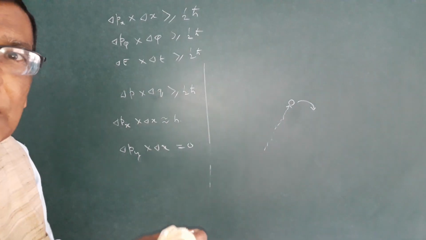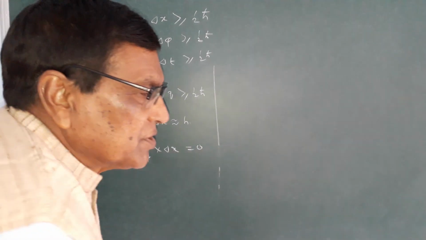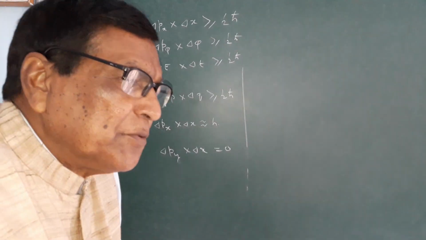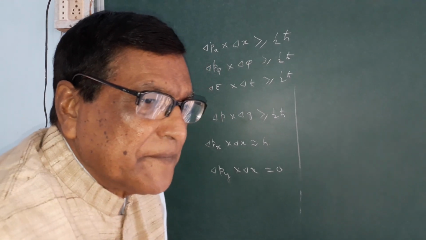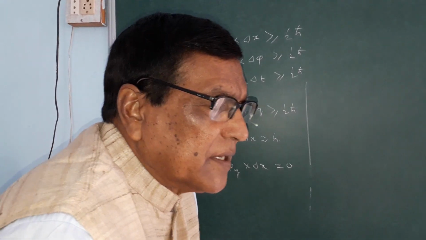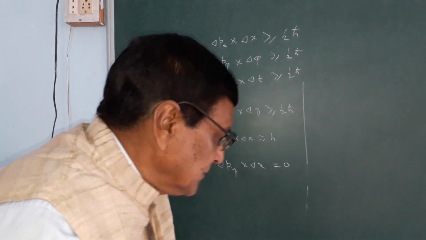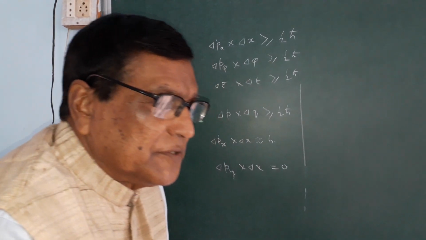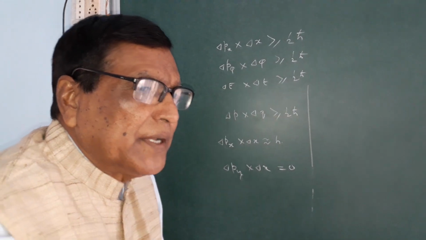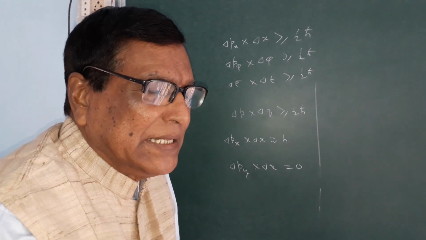This Heisenberg uncertainty principle breaks the Newtonian mechanics, Newtonian laws of motion. Actually, in Newtonian laws, position and momentum, or say velocity, could be determined very accurately.